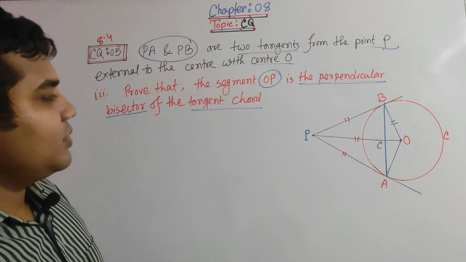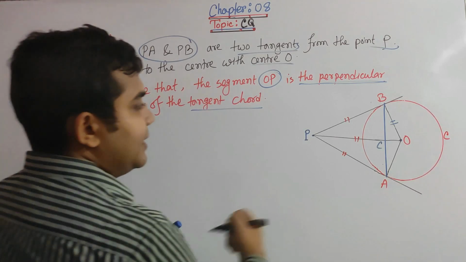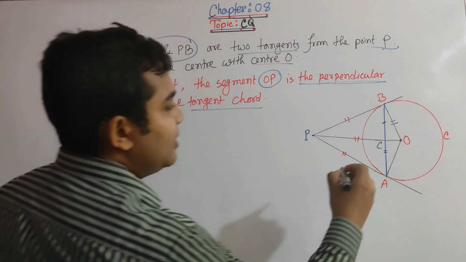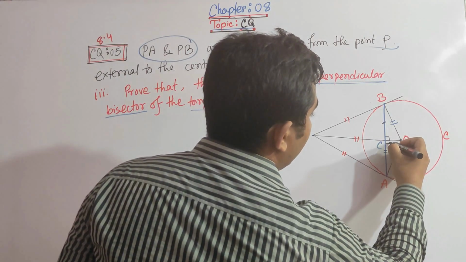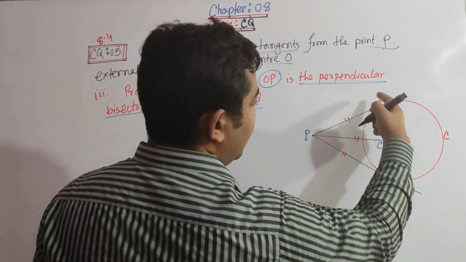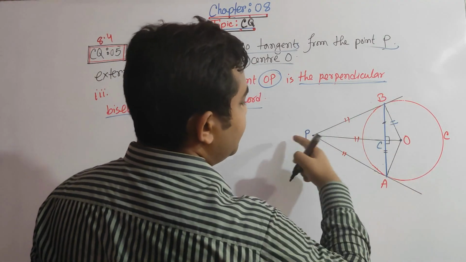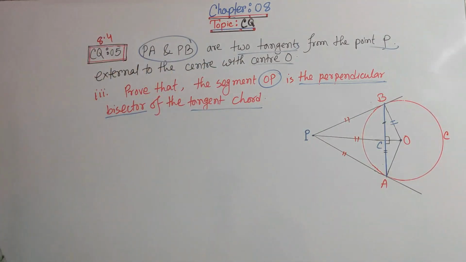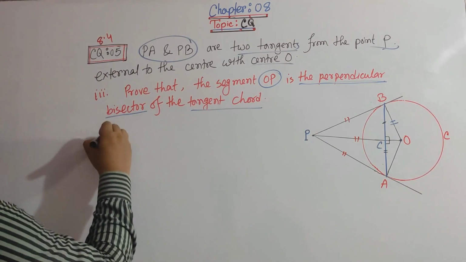So we have to show that this side and this side are equal, and also that these two angles are 90 degrees, because we have to show that BC is perpendicular to PO and AC is perpendicular to PO also.